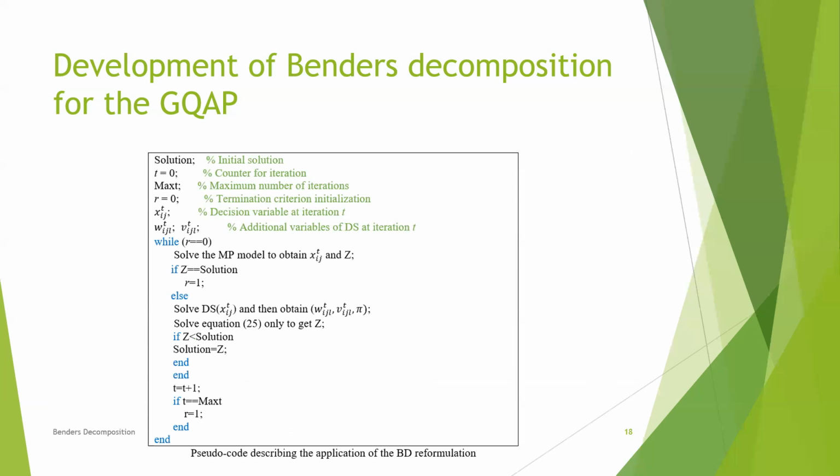So the pseudo code for how the algorithm works can be defined as here. There are two termination criteria. The first one is that we reach the maximum number of iterations, and the second one is that the solution from the dual of the subproblem and the master problem would be the same.